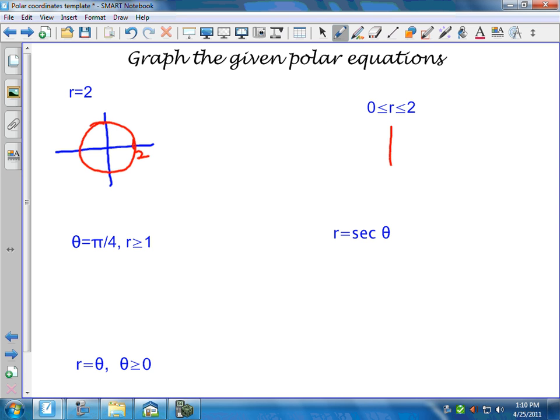What about this one? r is between 0 and 2. That's basically the whole circle and also everything inside filled in. That entire region is being represented by r is between 0 and 2. What about theta equals pi over 4, r greater than 1? First, let's graph that radial line, theta equals pi over 4.